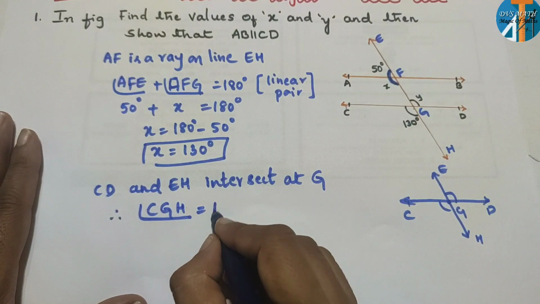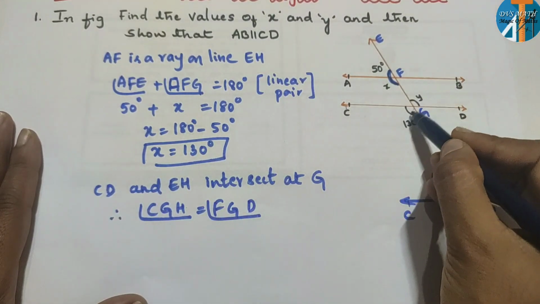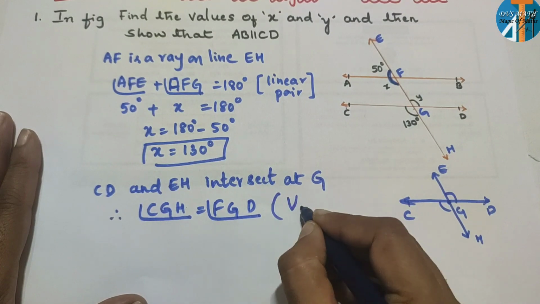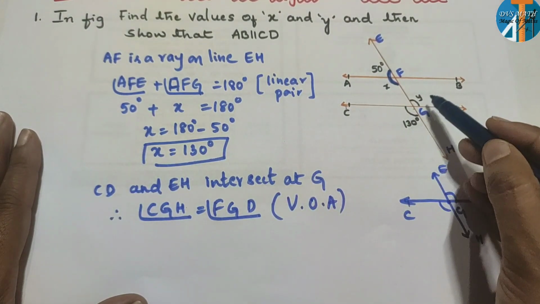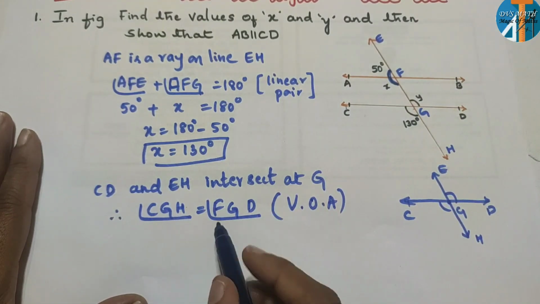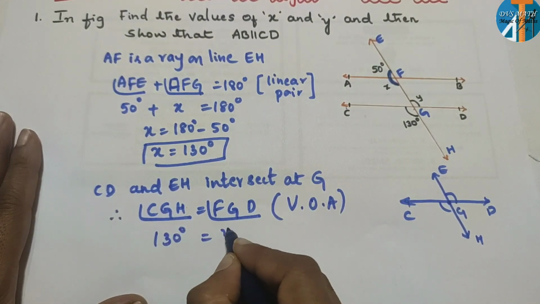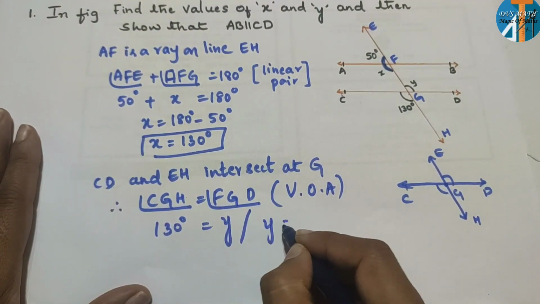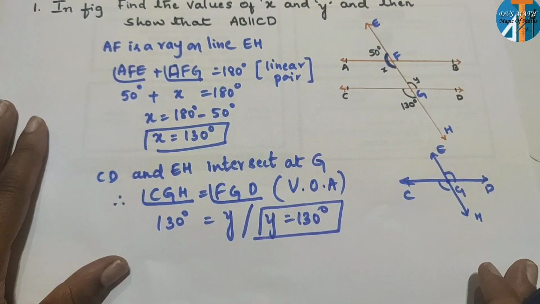Look here, both are vertically opposite angles. What is CGH? It is nothing but y. So 130 degrees is equal to y, or you can write y is equal to 130 degrees. Yes, right? You got y is equal to 130 degrees.